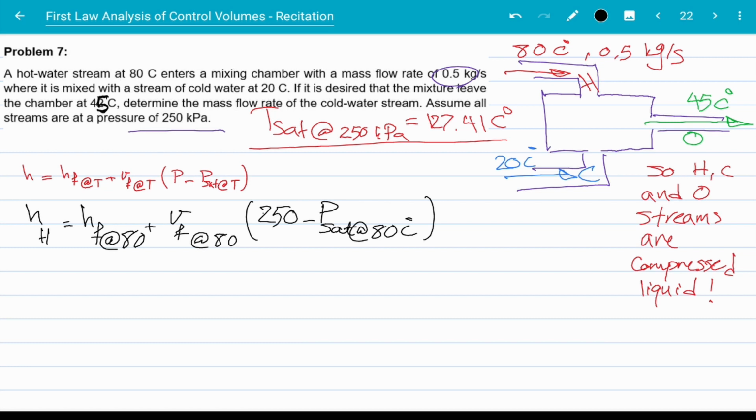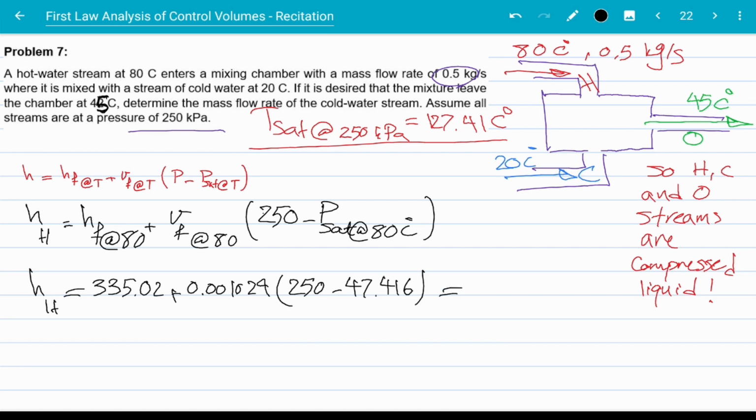Now, if I check the tables and plug in numbers, I get that enthalpy of the hot stream is 335.2 plus 29 times 250 minus 47.16, which is 335.23 kilojoules per kilogram.